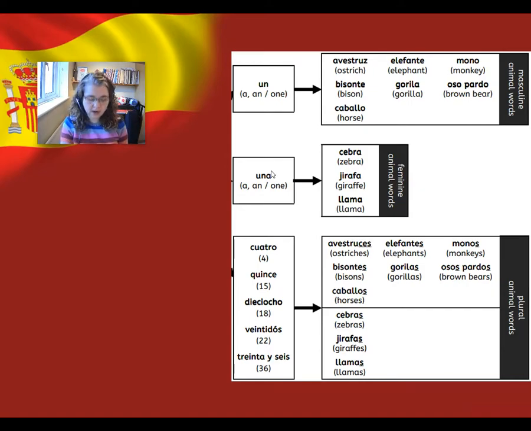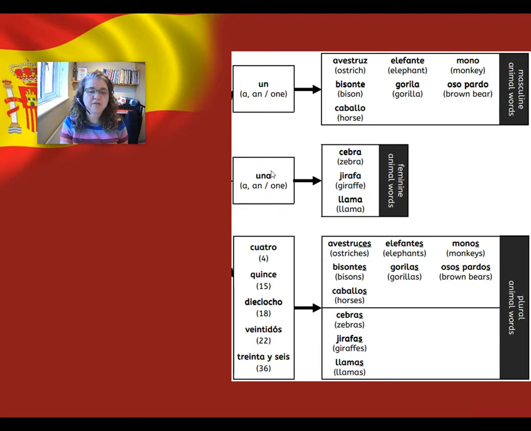So, first of all, how would you say one gorilla? Can you see the words you'd need? Un gorila. So gorilla is masculine. That means it has to be un because that's the arrow pointing to the masculine animal words.